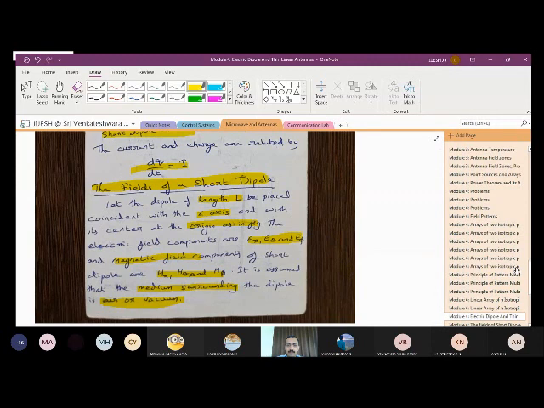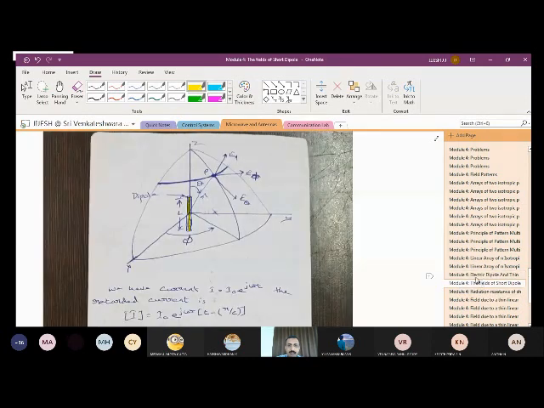So we can plot this in the form of a figure. You can draw the X, Y and Z directions, then place the antenna at the center, and you can see how the fields can be represented.